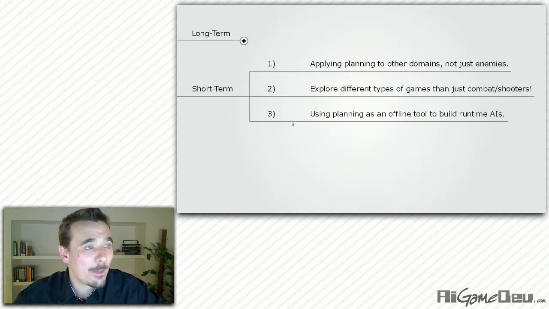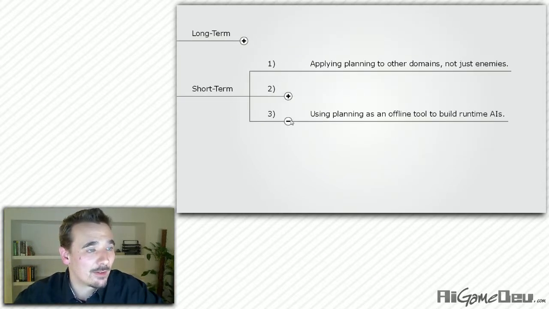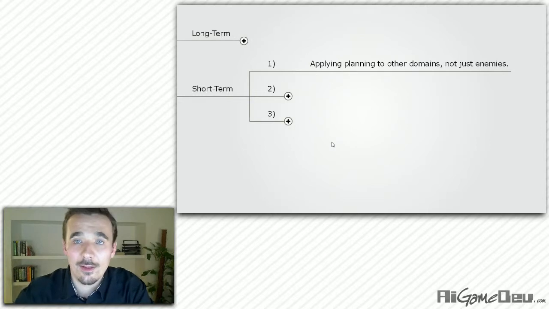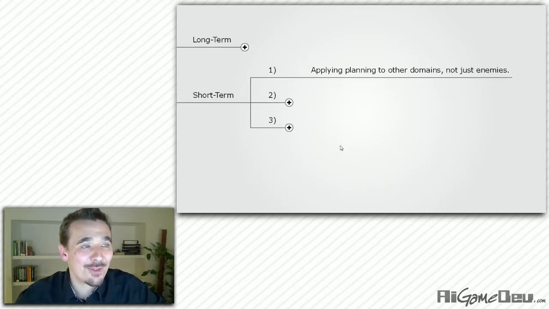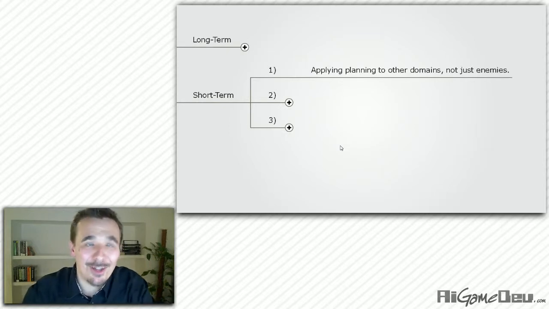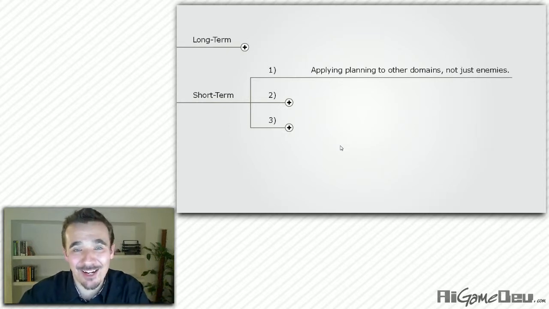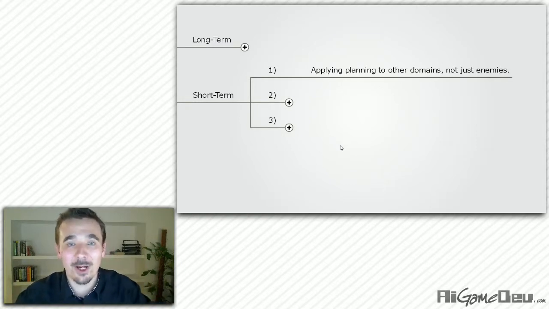So in the short term, there are three big things that I think are promising avenues for planning. The first is applying planning to other domains and not just characters, and specifically not just enemies. We've done action combat games, and we've done them too well.